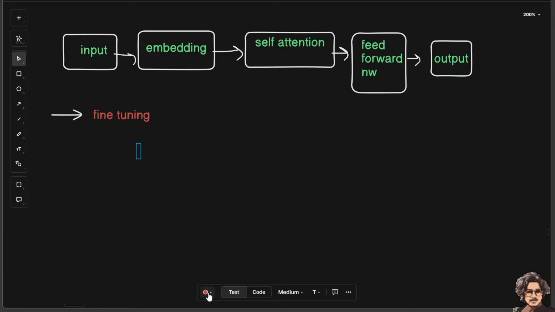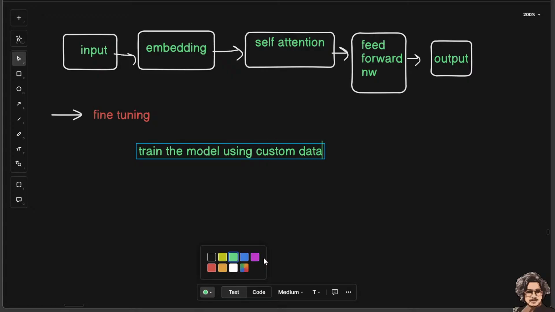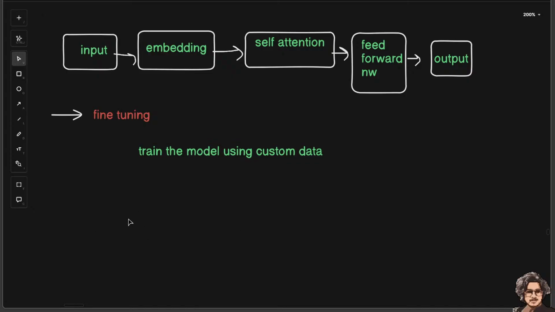We are training the model using custom data. For example, we have a general GPT, and if we provide medical data, it becomes a medical chatbot.